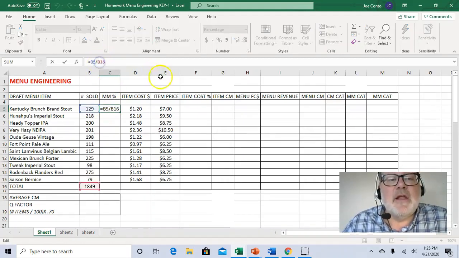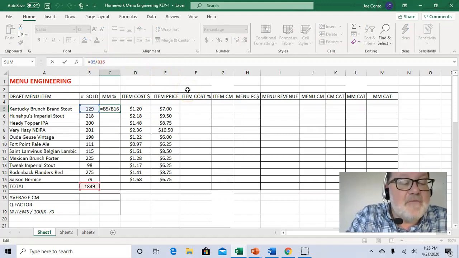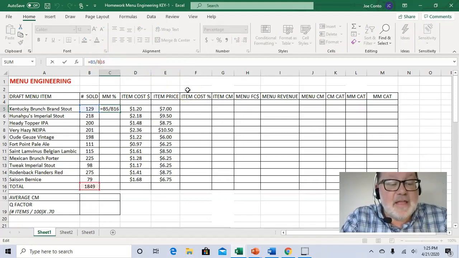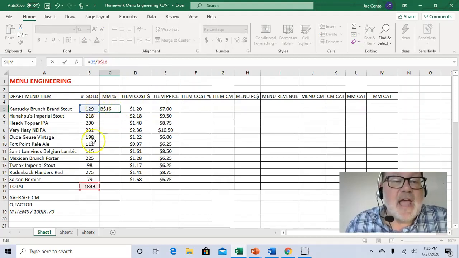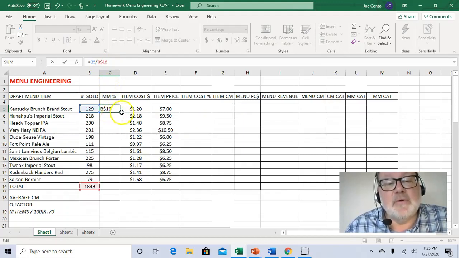So take a look what I'm doing here in the address bar. If I am ever doing a calculation and everything is divided by the same denominator, right? We're taking each of these line items and dividing it by the total here. If I know that to be true, and I simply slip a $ between the letter and the number of the second cell, in this case B16, you see where it goes from a white cross to a plus.